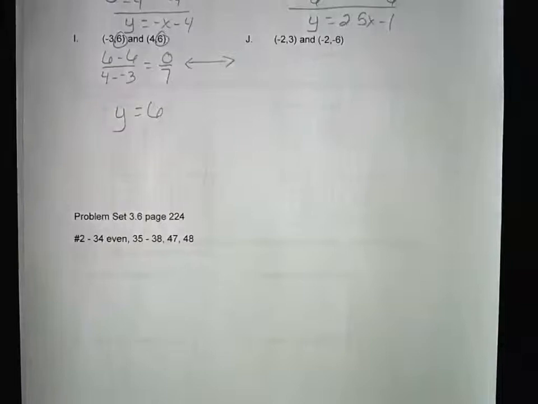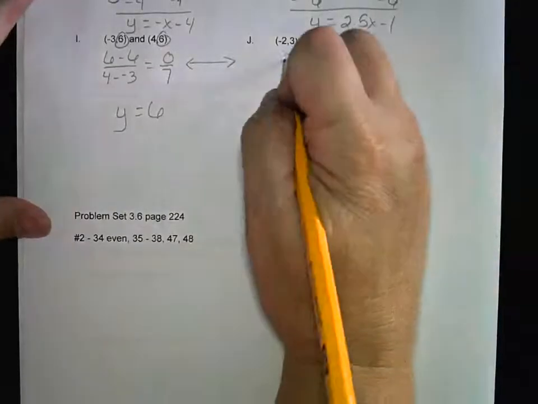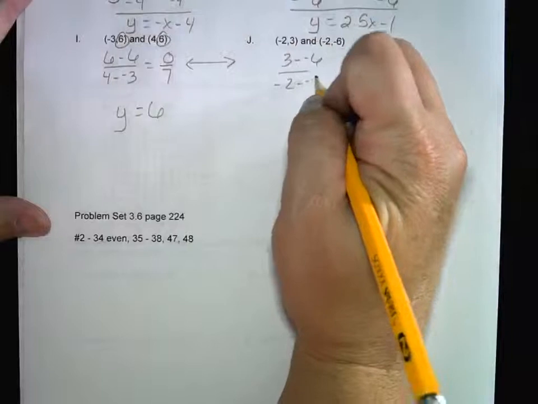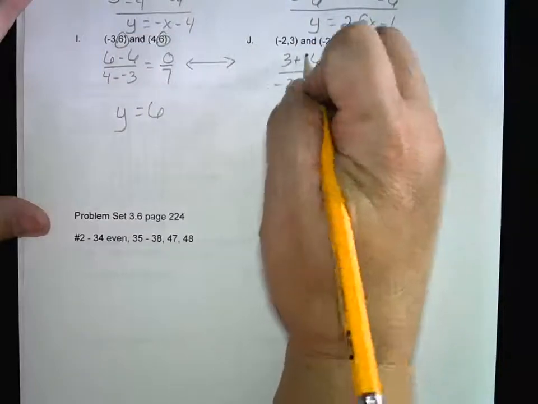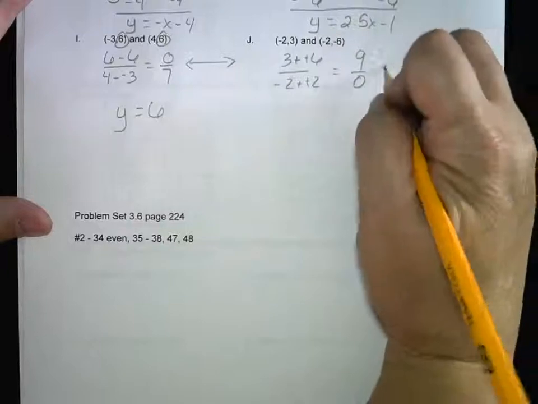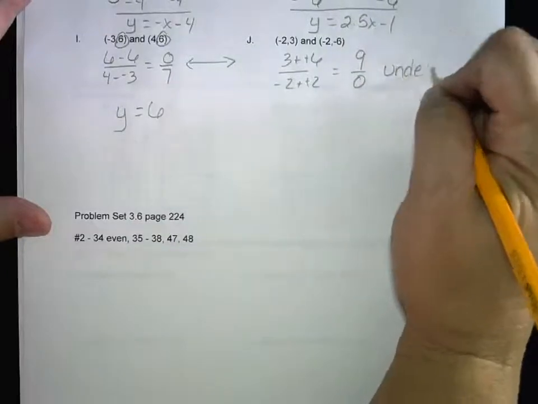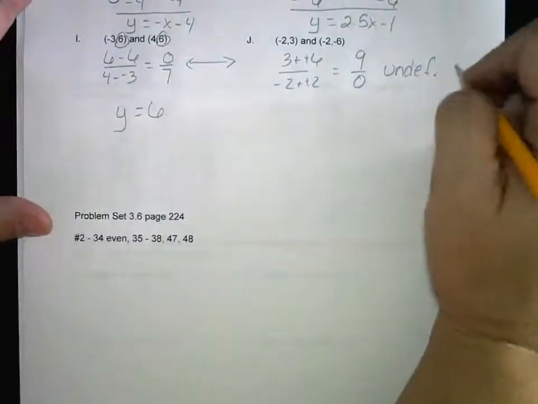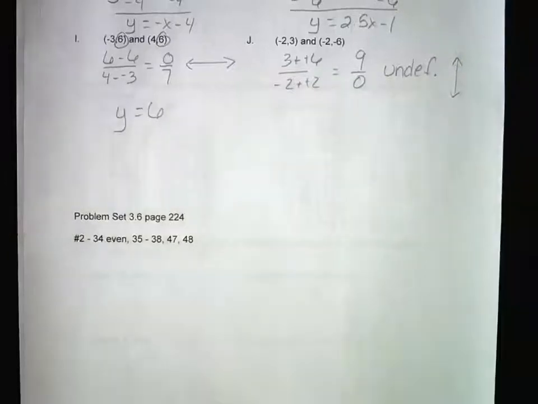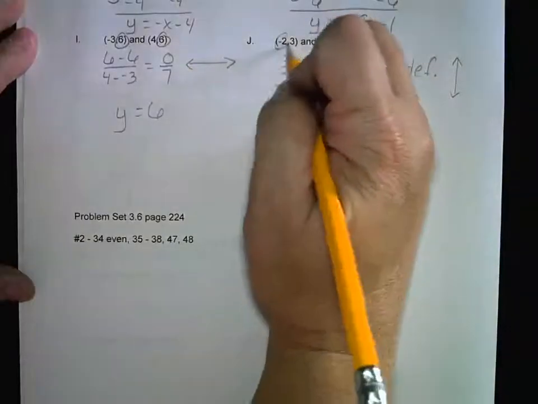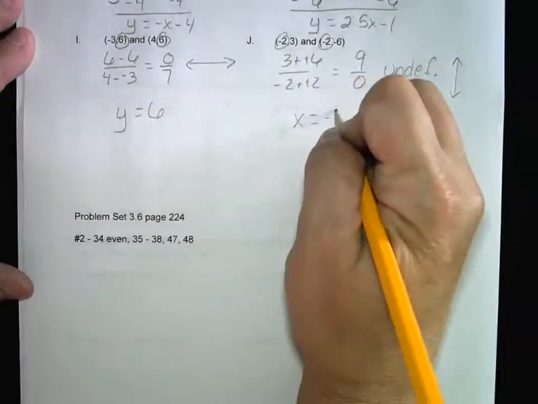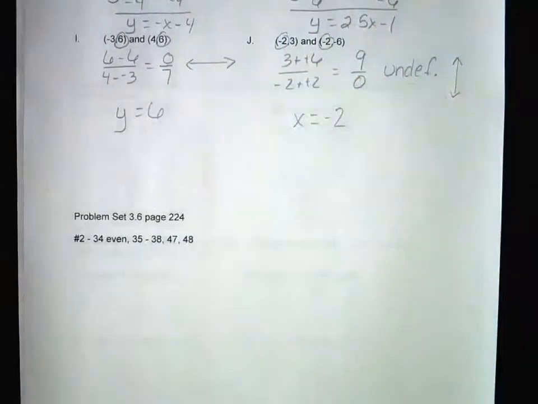Letter J, 3 minus negative 6, 2 minus a negative 2, becomes 9 over 0, which is undefined. We know it is straight up and down. And you'll see those x's are the same. So the equation of that line is x equals negative 2.